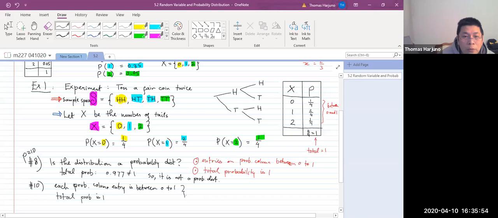Which means for number 10, it is a probability distribution.